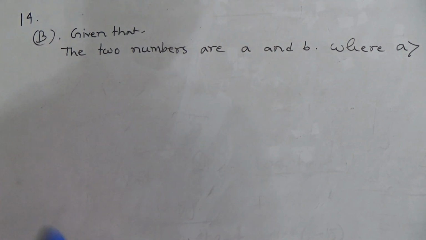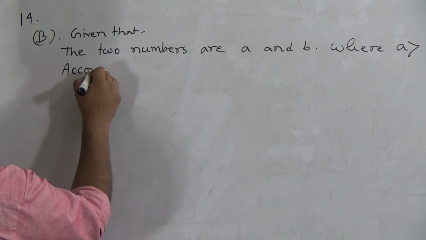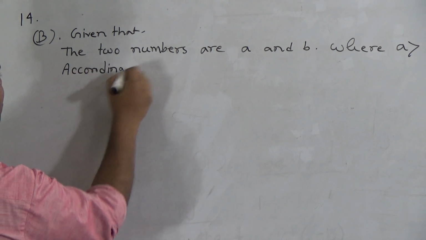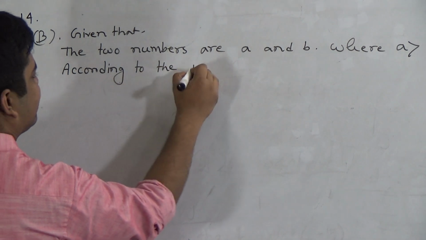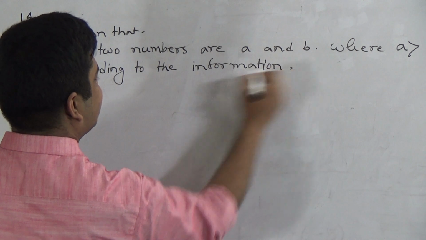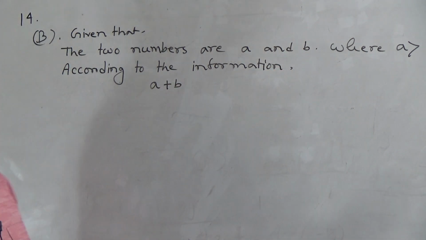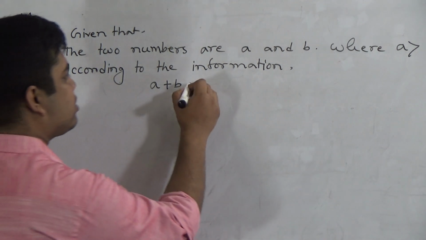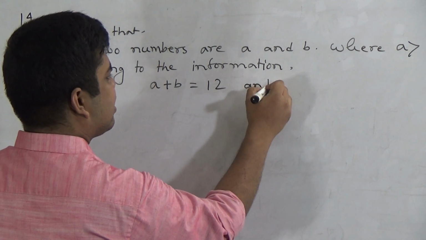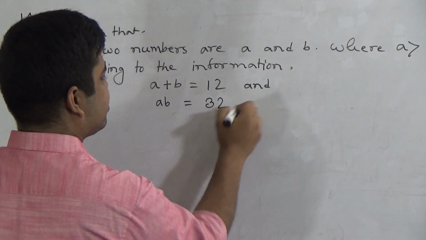Okay. So next, according to the information, A plus B, that means the sum of the two numbers is 12. That means A plus B equals 12, and the product AB is 32.